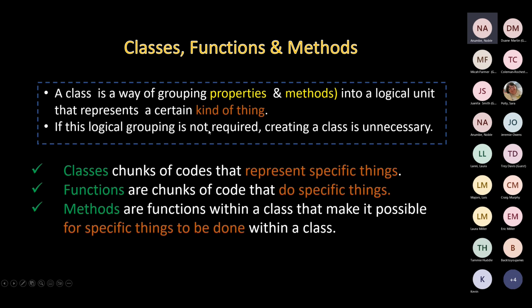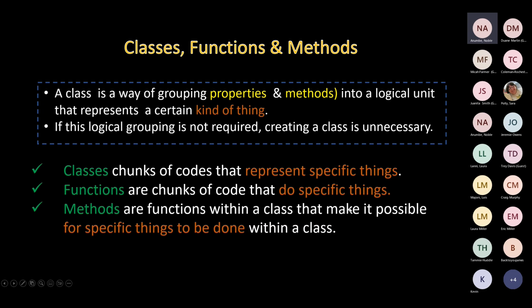Now, if this logical grouping is not required, then creating a class is unnecessary. The only reason you create a class is because you're trying to group these things together and represent a number of instances that would follow, right? So classes are chunks of code that represent specific things. Functions are chunks of code that do specific things.